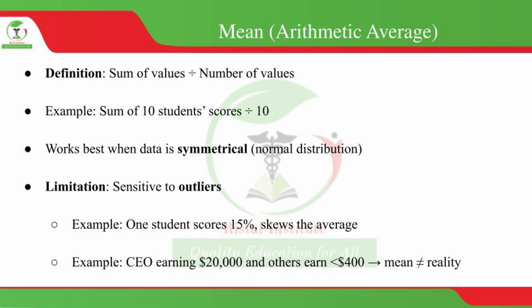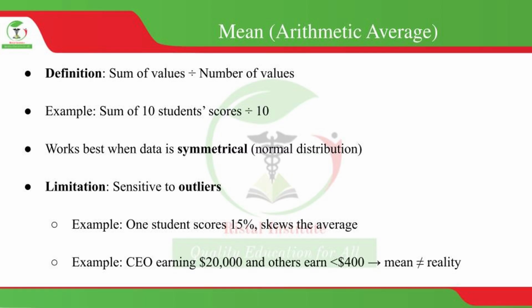The other example is when you say that the average salary for my staff is, say, $600. Okay? When you have that average, it sounds like, okay, that is not bad. $600 every month, that is not bad.